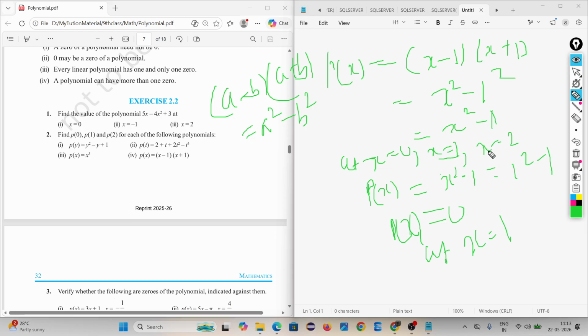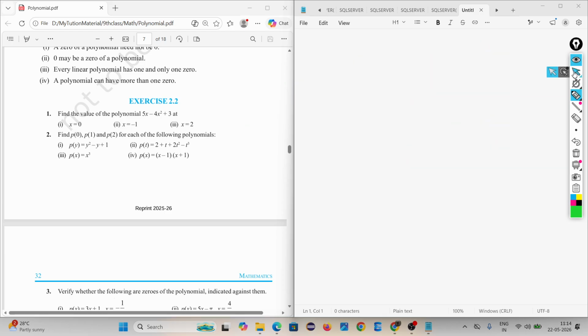And x equal to 2, 2 square minus 1, 4 minus 1 equal to 3.